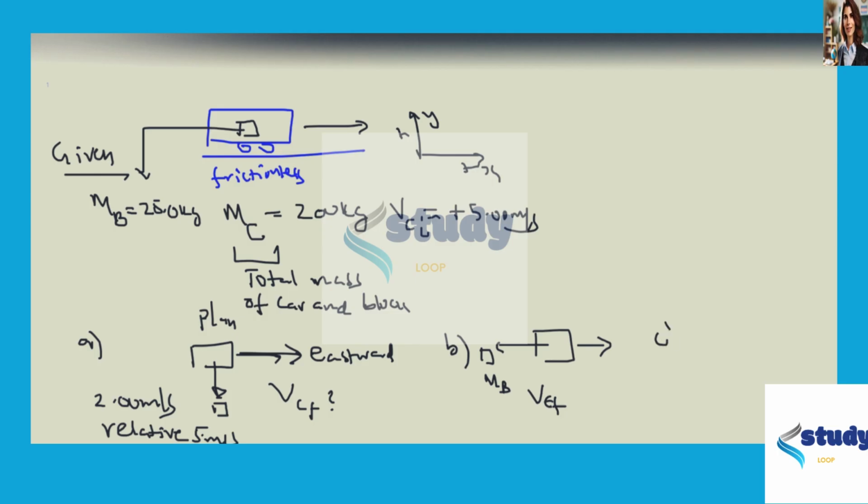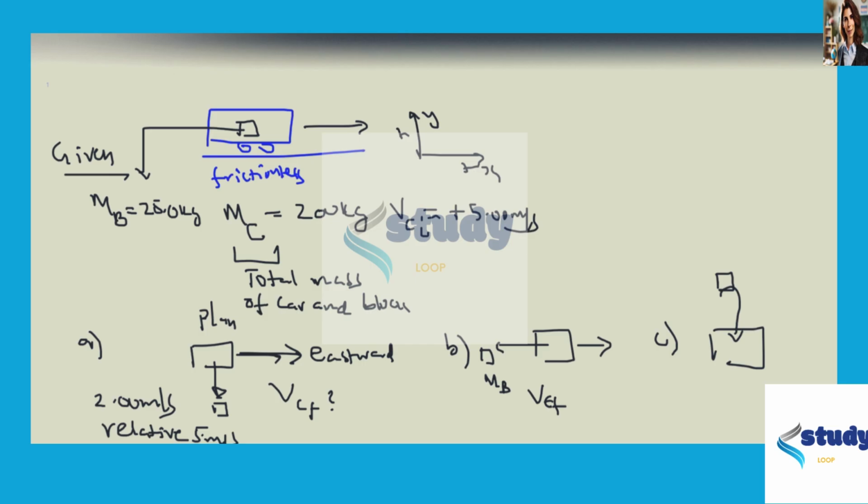And then in part C, we have a different scenario where the 25 kilogram mass is thrown into the car. So it's thrown inside of the car, and relative to the ground in the opposite direction to the initial velocity.